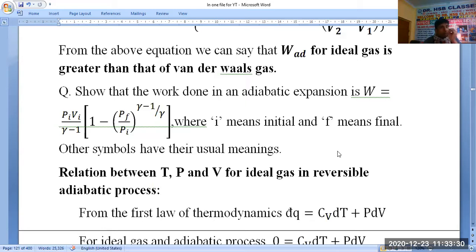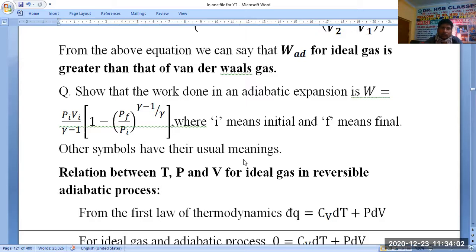Now a university question, this is for the CU question, and it was already given by Calcutta University. The work done in adiabatic expansion, W equals (Pi Vi minus Pf Vf) by gamma minus 1, where i means initial and f means final.